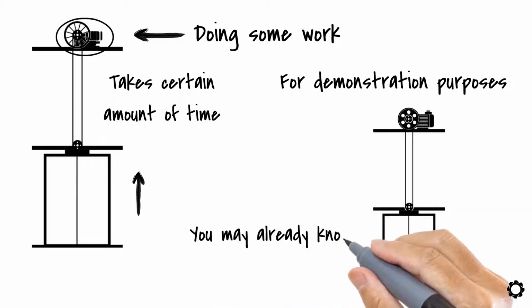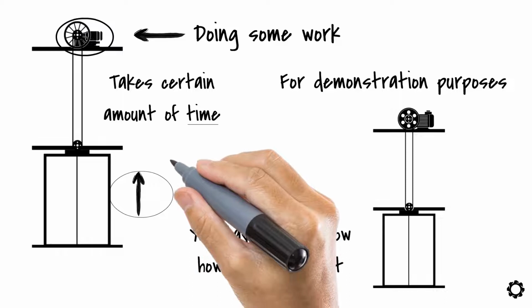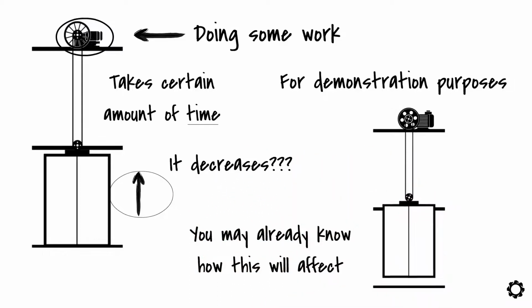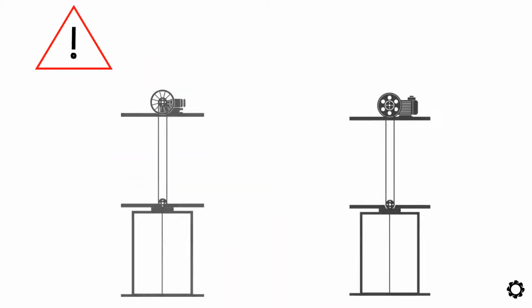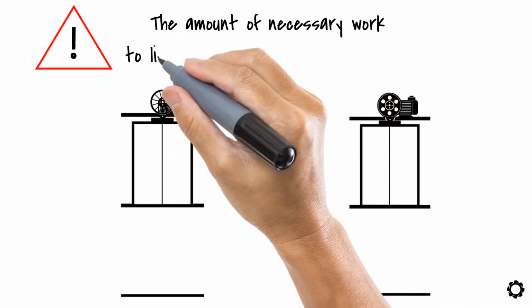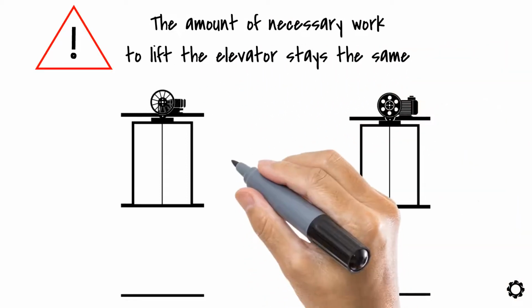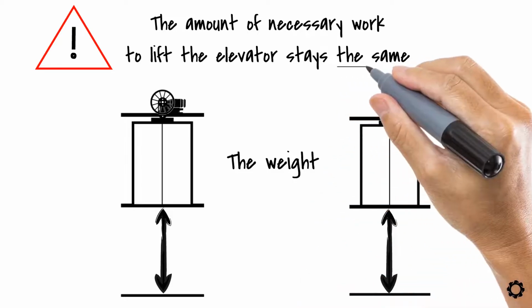You may already know how this will affect the time that goes into the elevator lifting process. It decreases, right? That is what's going to happen. However, it's important to notice that even if the lifting time decreases, the amount of necessary work to lift the elevator stays the same because the weight and vertical displacement of the elevator also have remained the same.